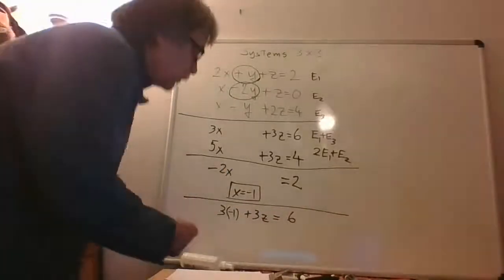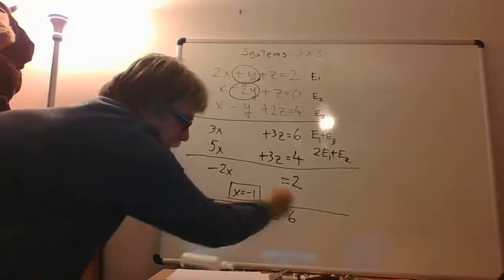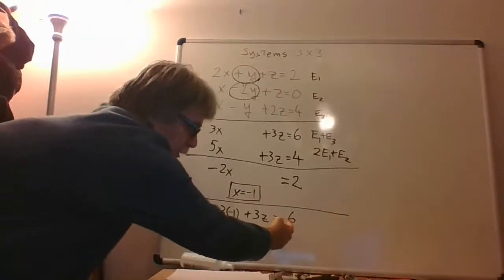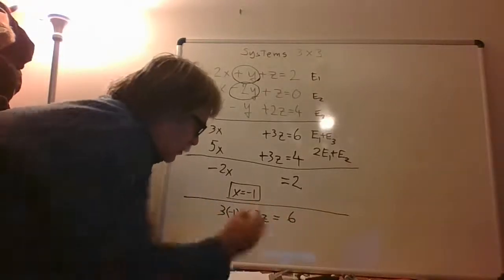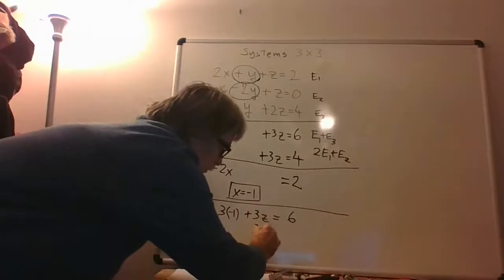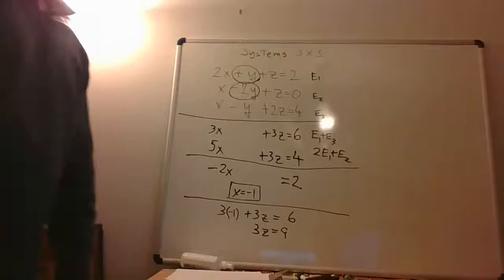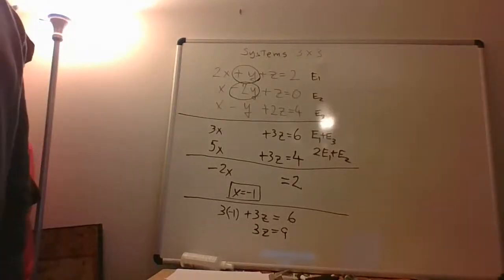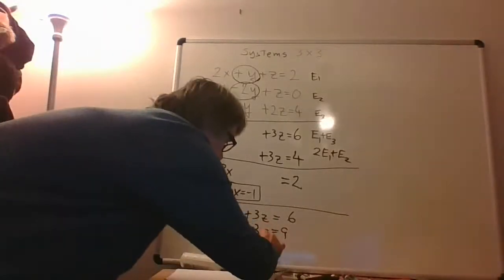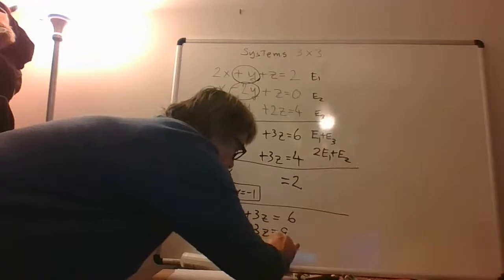Basically, this is -3, so on the other side it will become +3. So it's going to be 6 plus 3, which is 9. So you're going to have 3z equal 9, right? And it's obvious what z is. z is 3. Okay? So you have z equal 3.